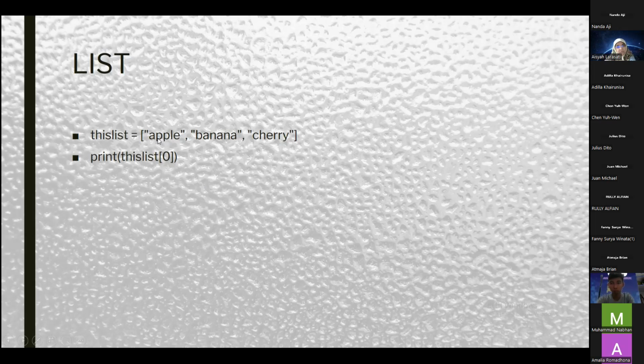When you index, this is the first element, but in Python you must know every number starts from 0. So this is 0, 1, 2. When printing, 0 will come out with apple, and 1 banana, and 2 cherry, and 3 nothing. So it will return an empty, a blank.